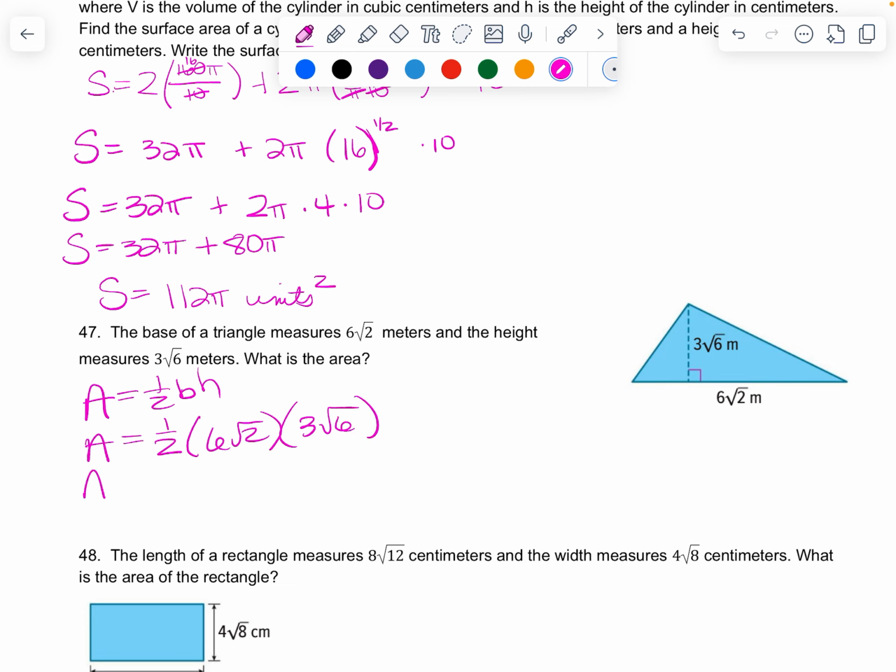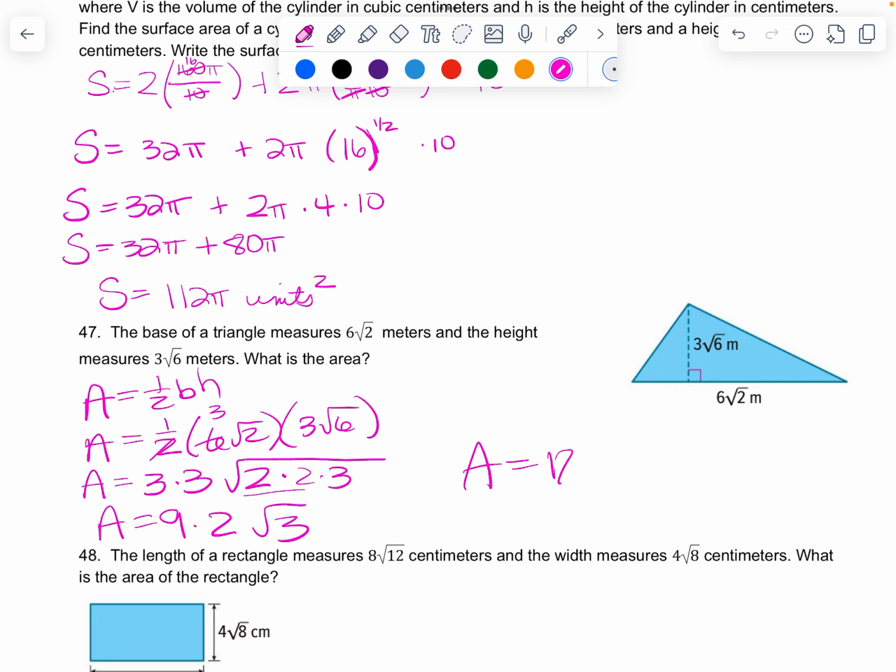So 1/2 of 6 is 3. So I multiply the numbers out front. I get 3 times 3. Multiply under here. I have 2 times 2 times 3. The square root of 4 is 2. So I get 9 times 2 radical 3. So the area is equal to 18 radical 3 meters squared.